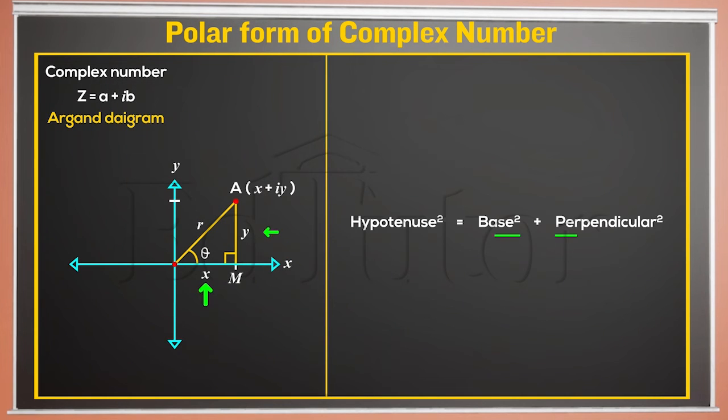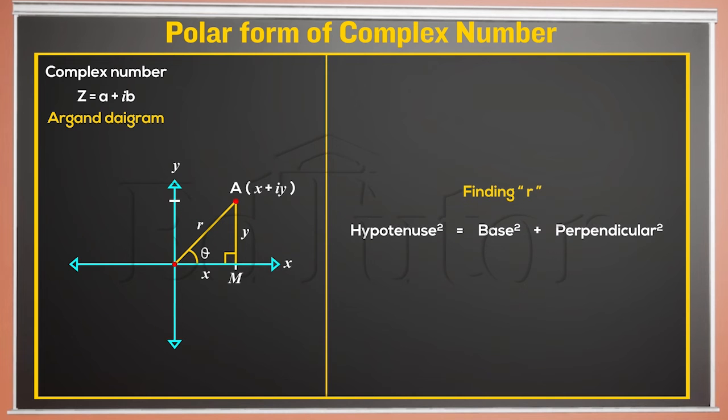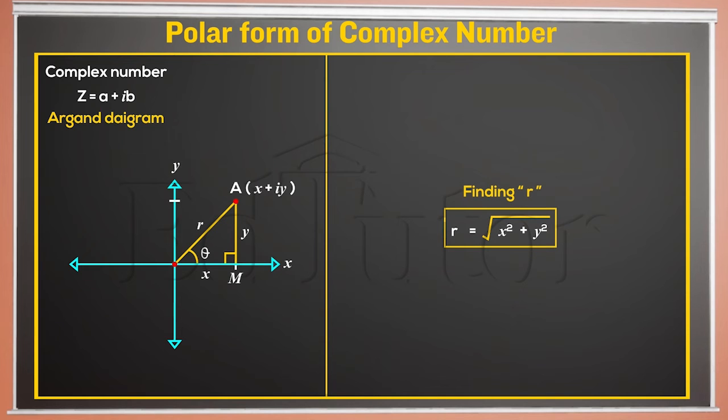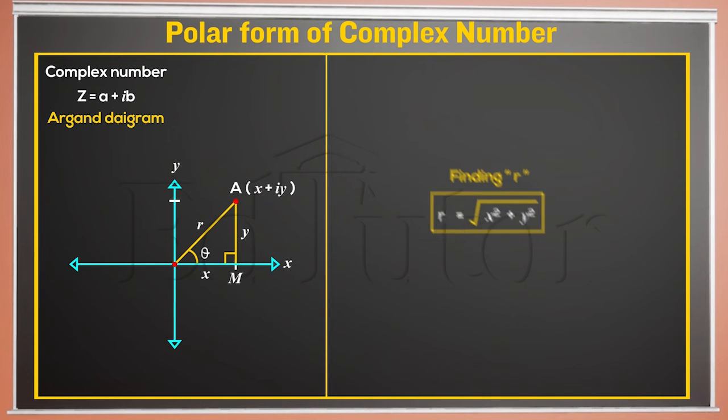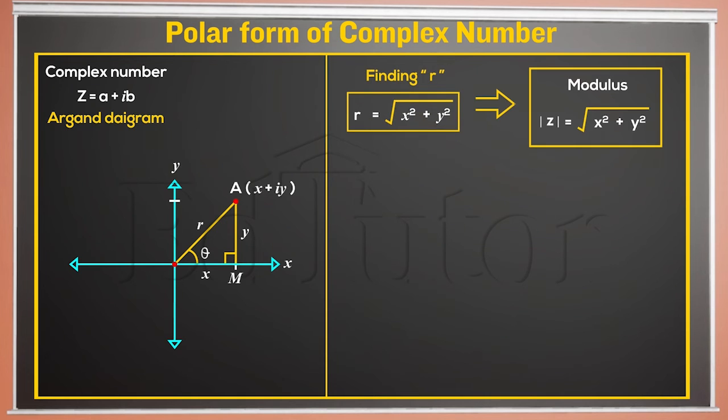Once the base, perpendicular and the hypotenuse are identified, all we need to do is to substitute the values. And bingo! We have found the value of r in terms of x and y, which, if you are a good observer, is nothing but the modulus of a complex number that we have already covered in the previous session.